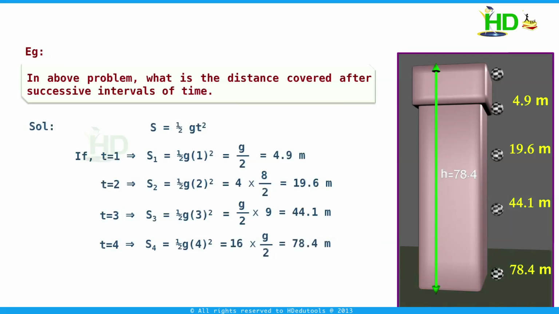That means, suppose we consider this, the displacement during the first second is 4.9 meter and the displacement after the first second is 4.9 meter. The displacement during the second second is 14.7 and the displacement after 2 seconds from starting is nothing but 4.9 plus 14.7, which is 19.6 meter. Like this.